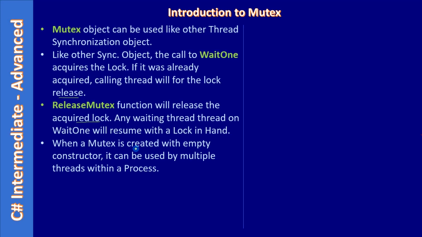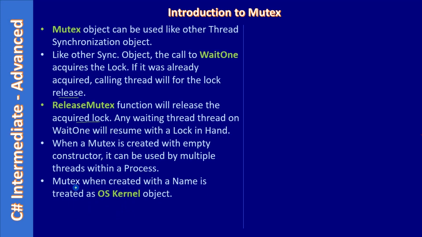When a Mutex is created with the empty constructor, it can be used by multiple threads within the process. A Mutex, when created with a name, is treated as an OS kernel object. That means the mutex is visible among multiple processes.